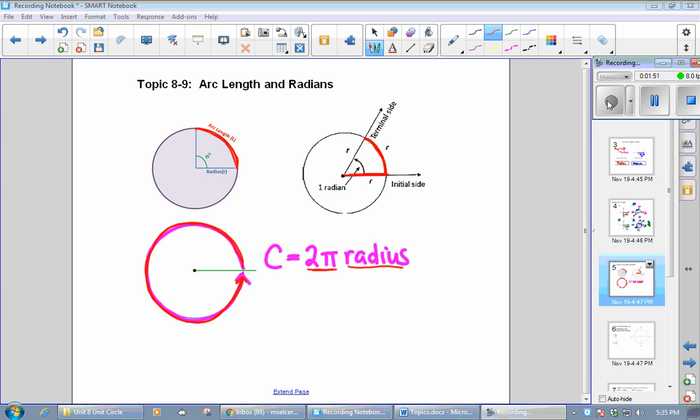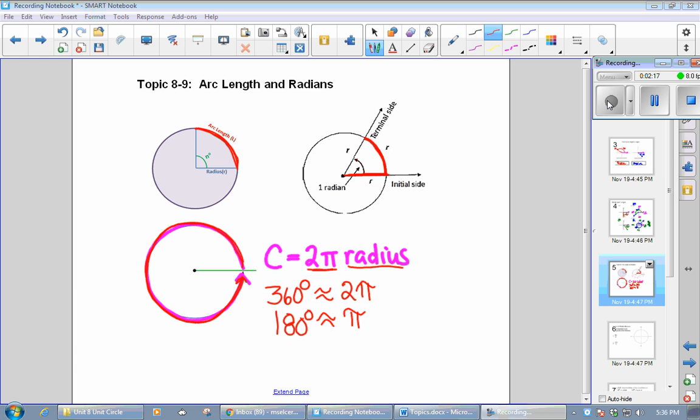So all the way around a circle, we know as 360 degrees, equates to 2 pi radians. So if I went halfway around a circle by dividing 360 by 2, that would equate to halfway around a circle being pi radians.